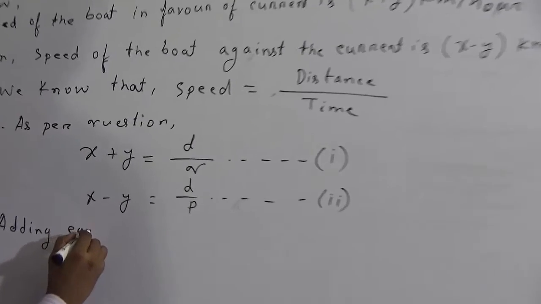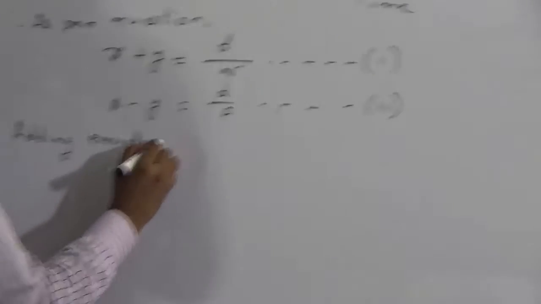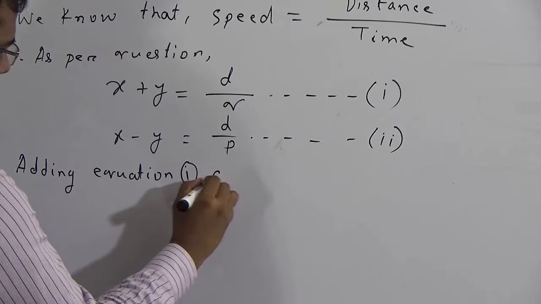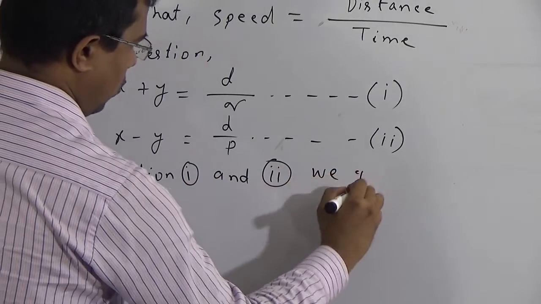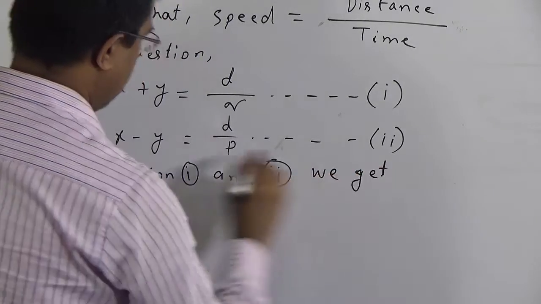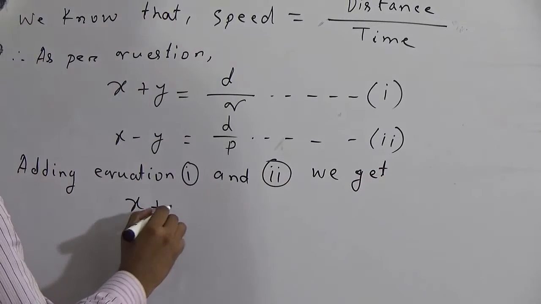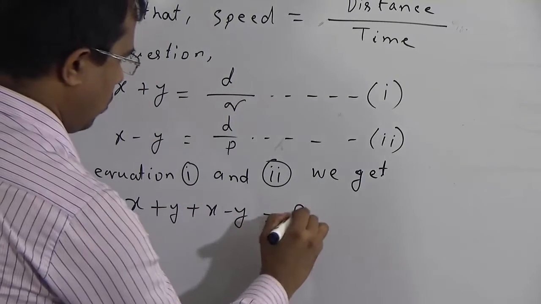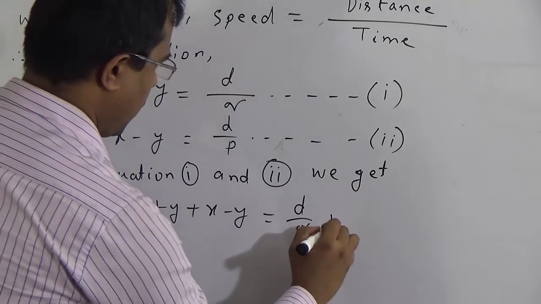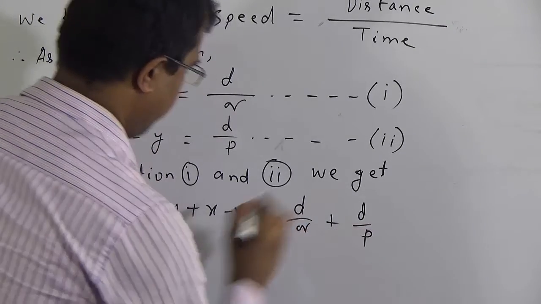Adding equation 1 and 2, we get x plus y plus x minus y equal to d divided by q plus d divided by p.